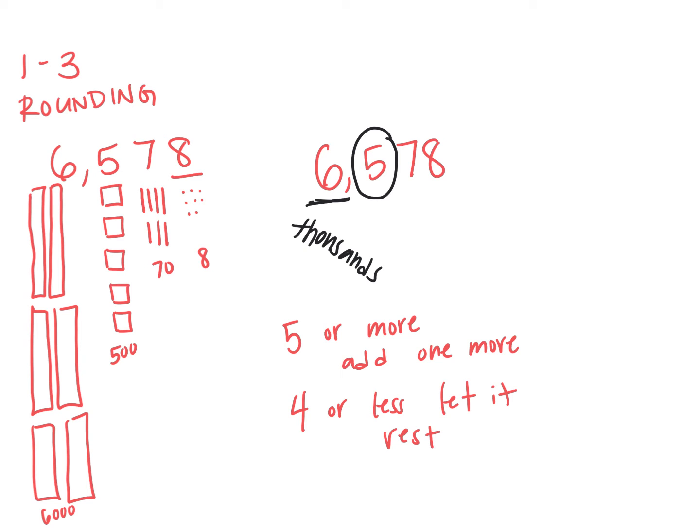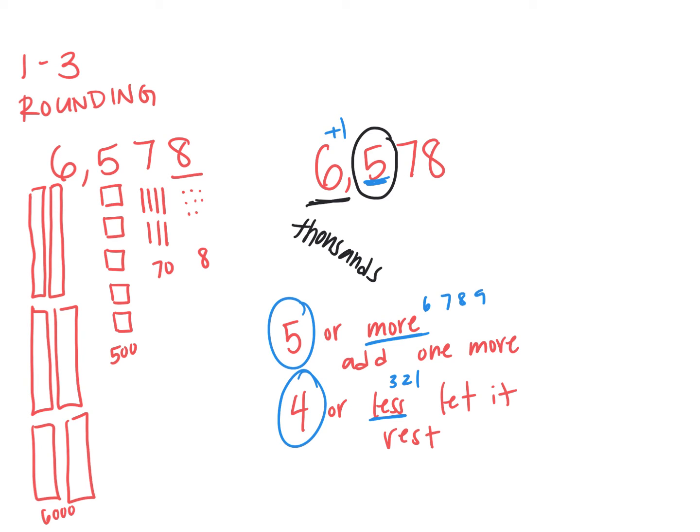So if the number is 5 or more, so it can be 5 or greater than 5, and that more means 6, 7, 8, or 9, we are going to add 1 more to our underlined digit. If that circled number is a 4 or less, a 3, a 2, or a 1, we're going to let it rest. So this 5 is 5 or more, so we're going to add 1 more.